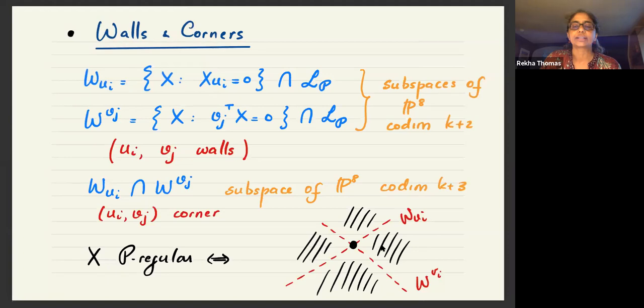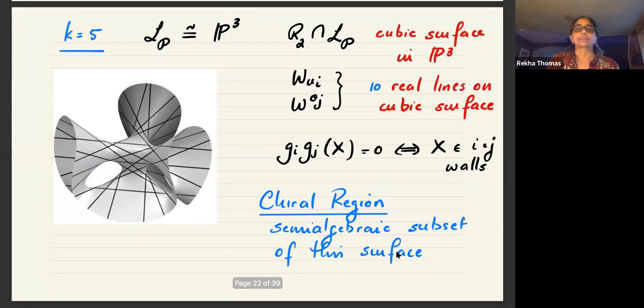But what is important is that if you take an II corner, meaning the intersection of the UI wall and the VI wall, then the fundamental matrix can either be in that corner or it has to be off of all the walls. Okay, so there is this extra little complication which we won't really talk about, but the walls and the corners will come up again later. Okay, so that's also important in the reconstruction.